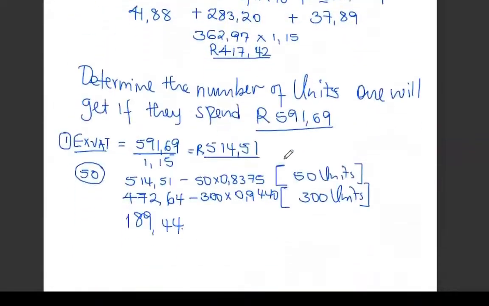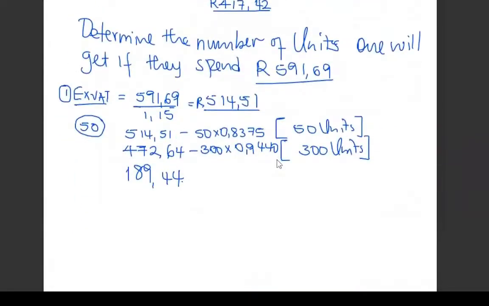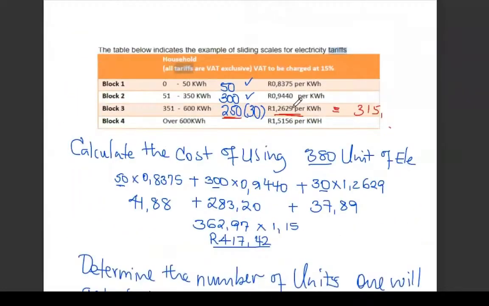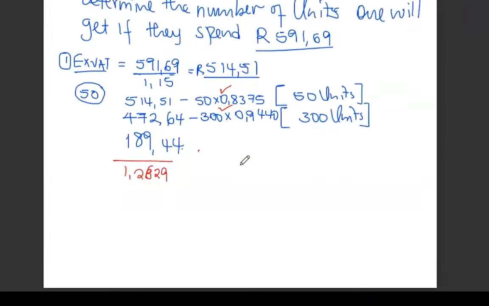But this amount is less than 315. So simply meaning they use block 1, the 50 units, and block number 2 fully. I need to divide this remaining amount, 189, by 1,2629, and I end up having 150,00.